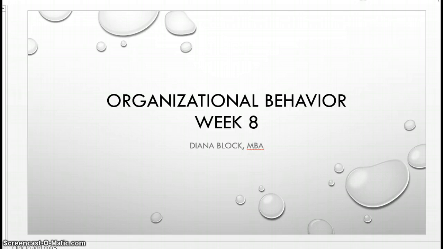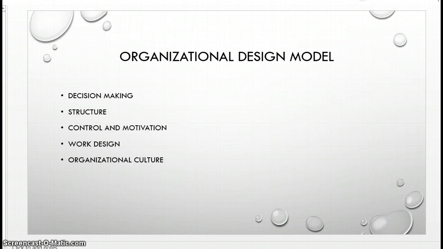If you look on page 406, you're going to see the throughputs in the model are the 5 design variables. These design variables are the characteristics that managers are able to manipulate so that they can achieve the organizational outcomes that they want.